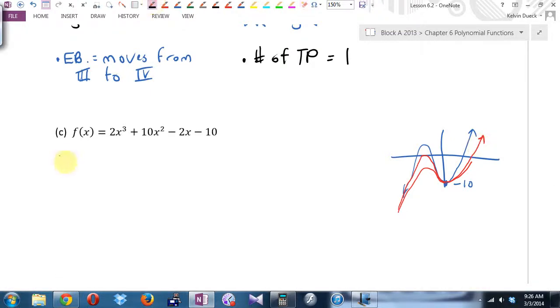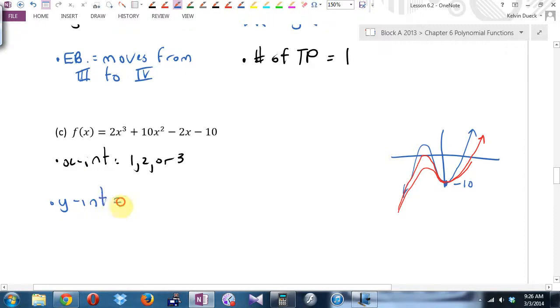So let's see. What can we answer? Number of x-intercepts? 1, 2, or 3. Y-intercept? -10. End behavior? Where to where? From quadrant 3 to quadrant 1.